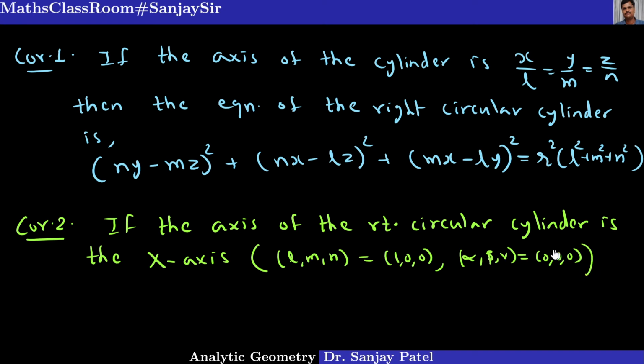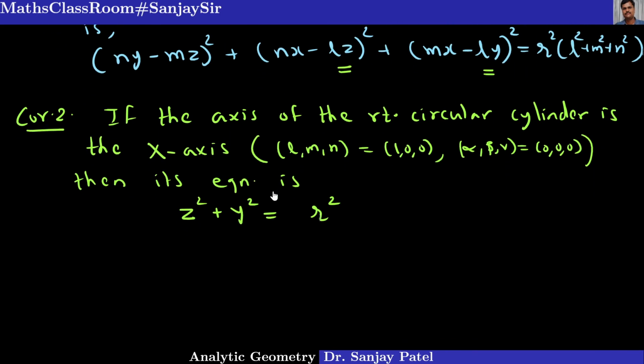Then by putting l, m, n as 1, 0, 0 respectively in this equation, only the l term remains, so this term and this term remain on the left hand side, and we'll get z square plus y square is equal to r square into 1 square plus 0 square plus 0 square.